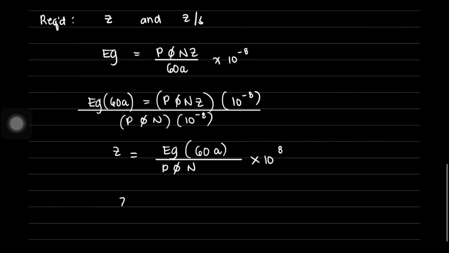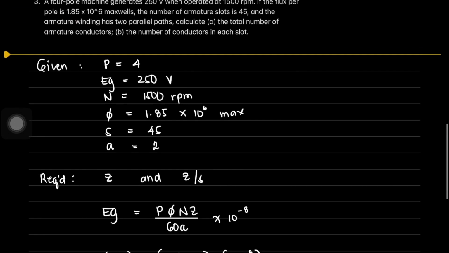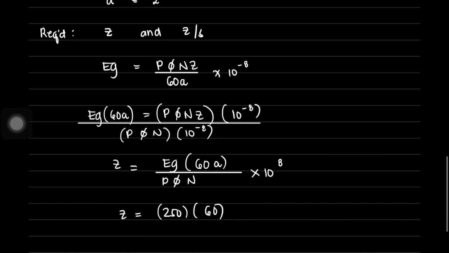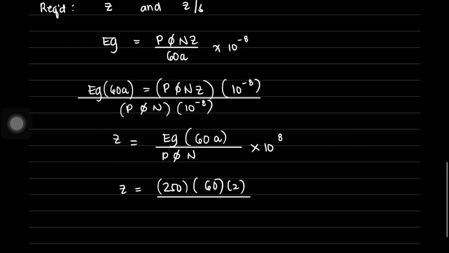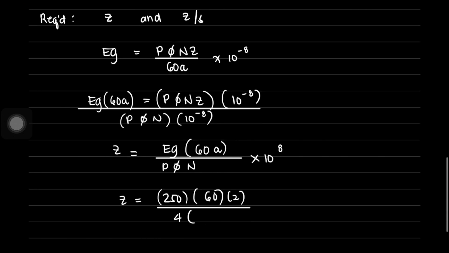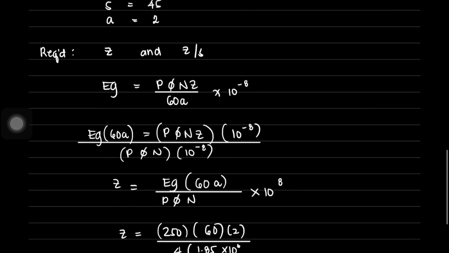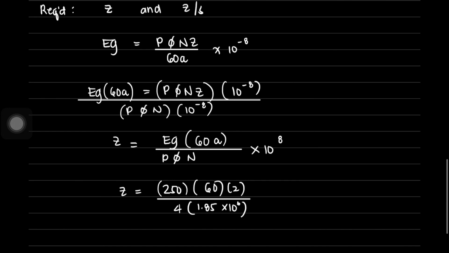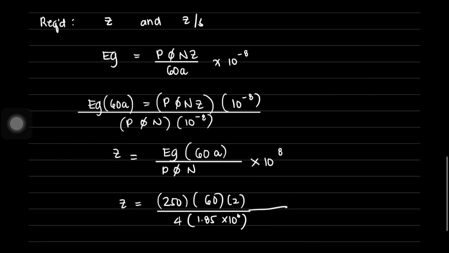So if we're going to substitute the given parameters, the generated voltage is equal to 250 volts, 60, the number of parallel paths is 2, all over P, which is 4, phi, or the flux per pole, which is 1.85 times 10 raised to 6, and we have the speed, which is equal to 1,500, multiplied by 10 raised to 8.